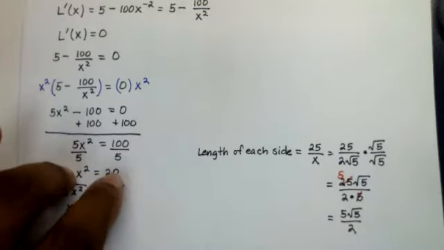Now, example 3. So here's example 3. We're going to find positive numbers x and y satisfying the equation x times y is equal to 30, such that the sum of 5x plus y is as small as possible.